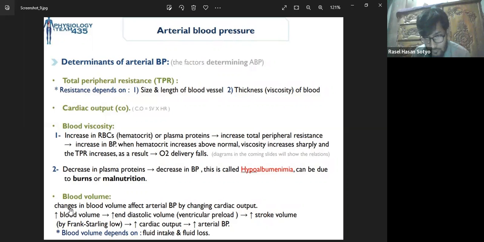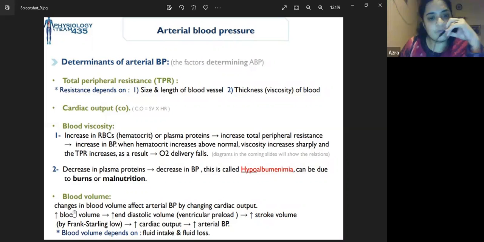Now next is blood volume. Changes in blood volume affect arterial BP by changing cardiac output.